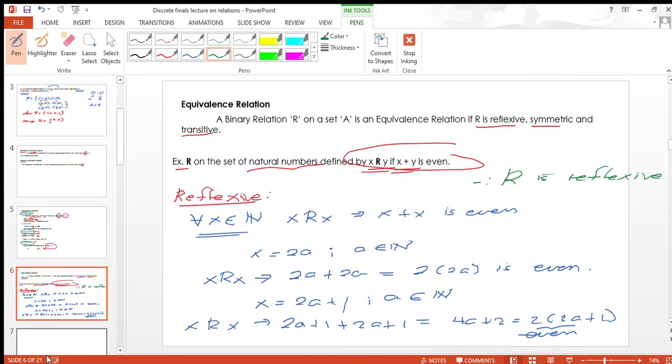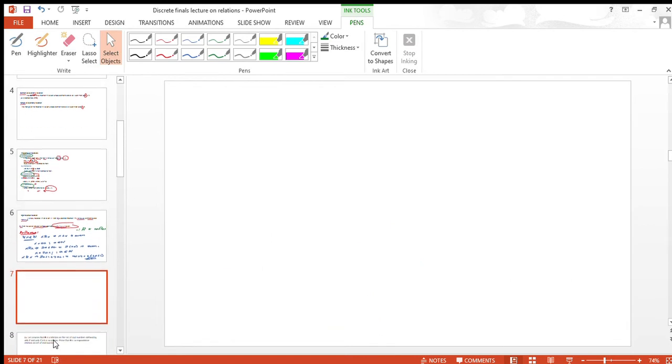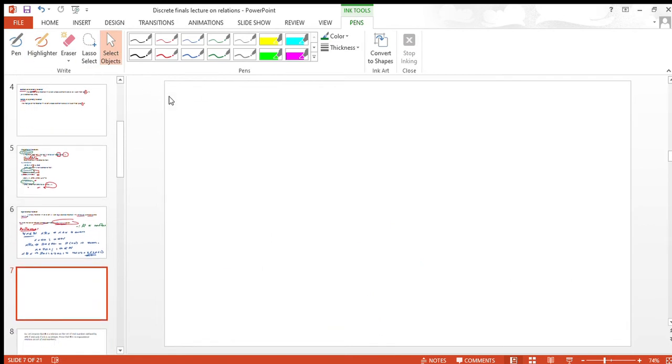Next, we want to check if it will be symmetric. So symmetric, what do we need to show? For the symmetric property, we have to show that for all x, y as an element of the set of natural numbers, x R y implies y R x. So what do we need to show here?